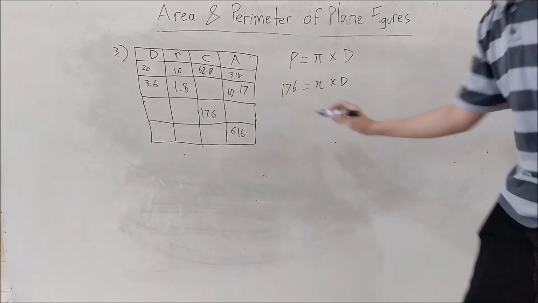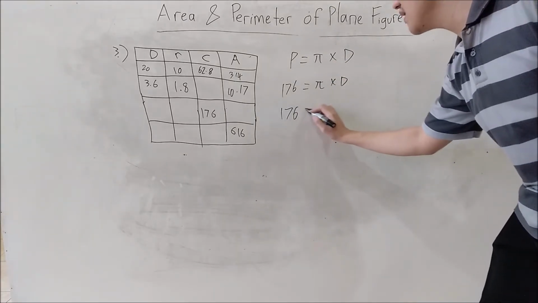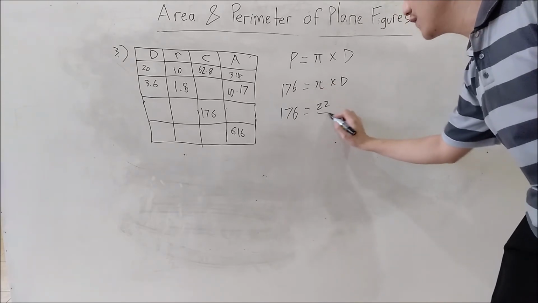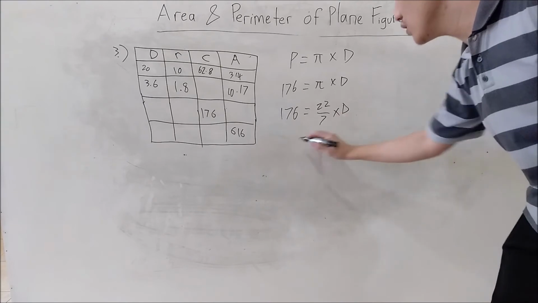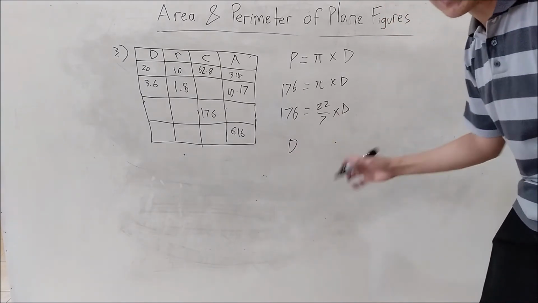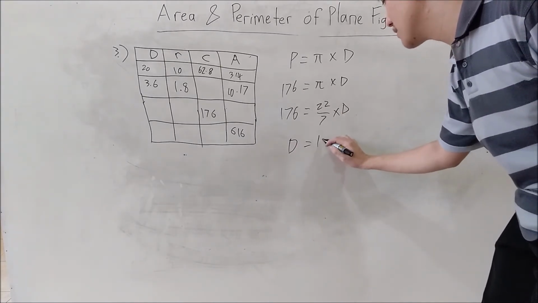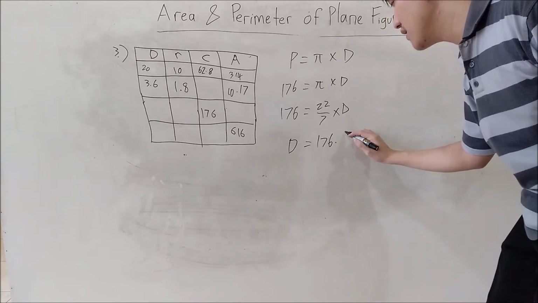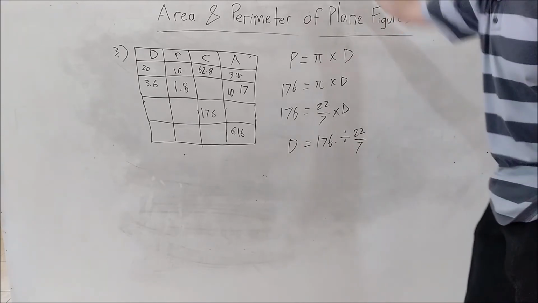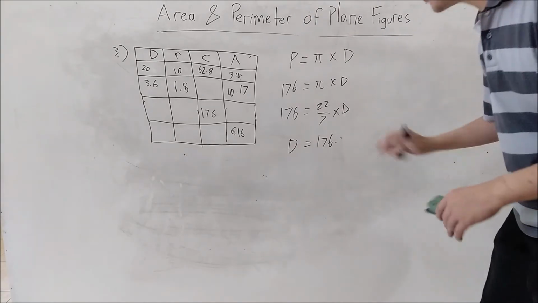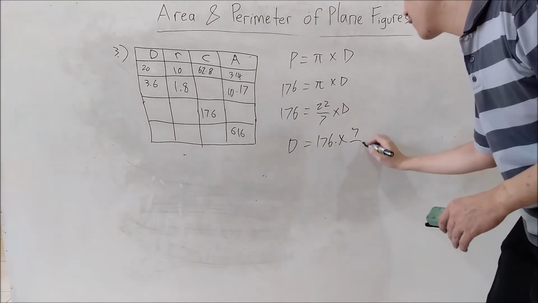I will show you. 176 equals 22 over 7 times diameter. And then how can we get the diameter? We know by using our algebra, diameter is 176 divided by 22 over 7, right? But since it is divided by a fraction, we change it into times 7 over 22.